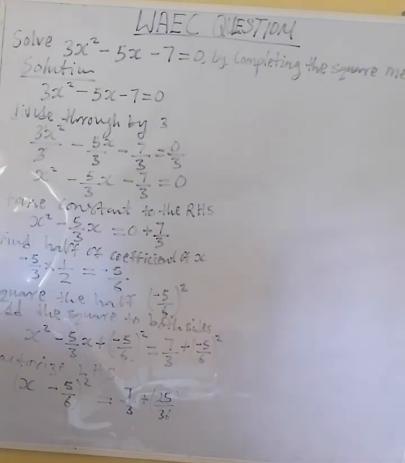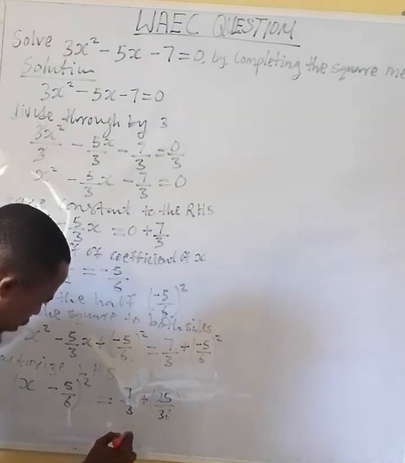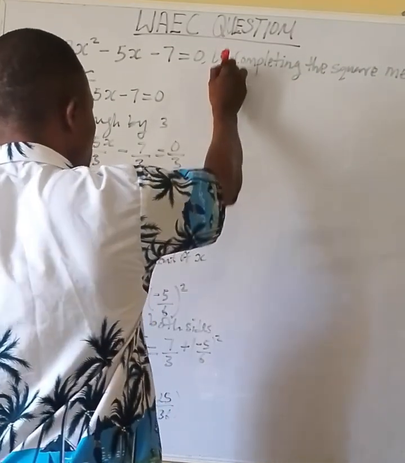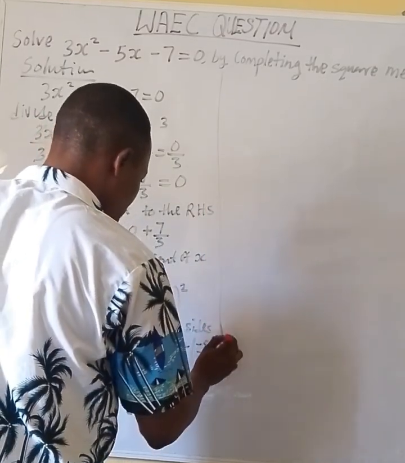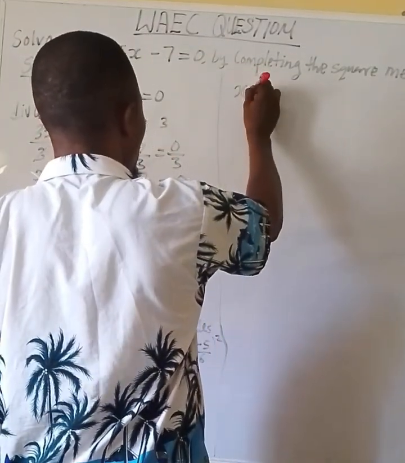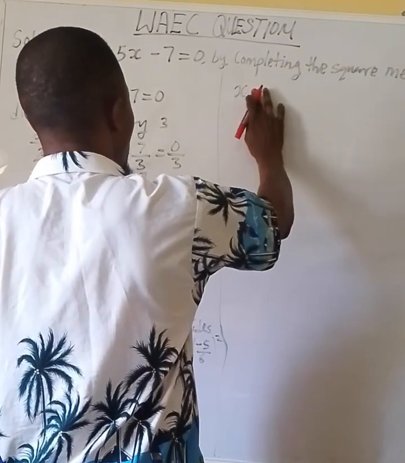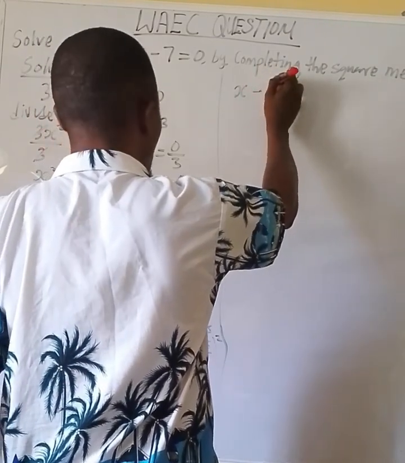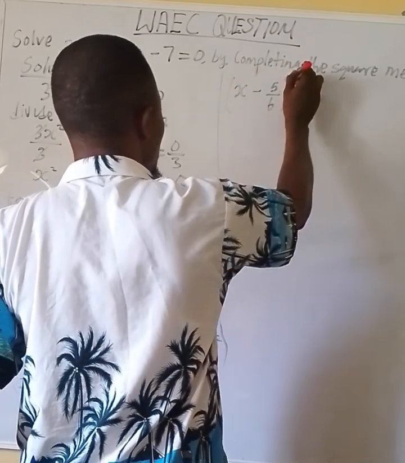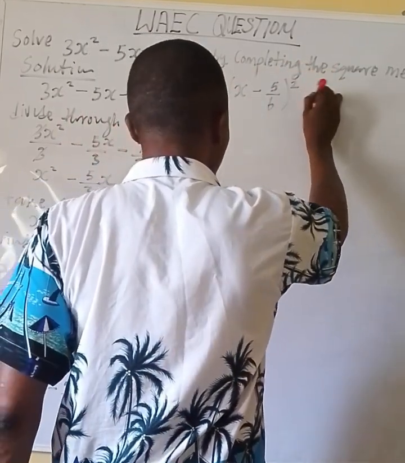So once you have it like that, we will now find what? We are now going to find the LCM. So for us to now find the LCM, let's move it to the other side here. So what we have here now is x minus 5 over 6, everything raised to power 2, equals to.